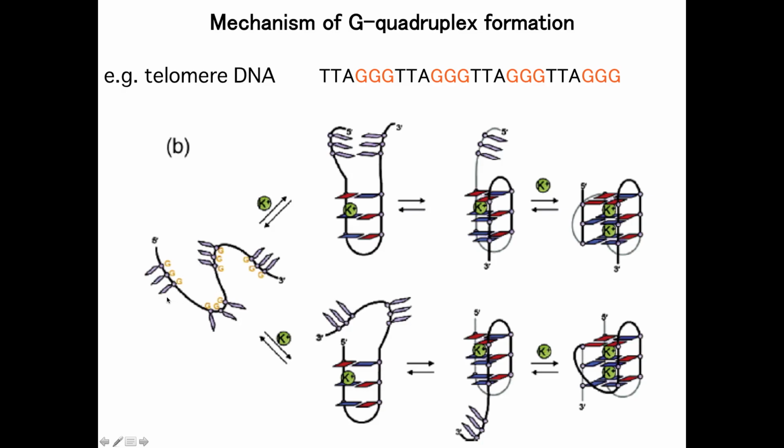Especially guanine can make hydrogen bonds with each other, and it becomes such a loop strand. Then a single strand binds to here, and another strand binds to here, making such a G quadruplex step by step.